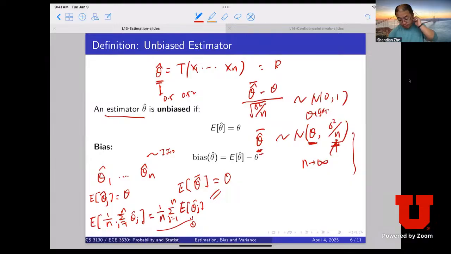If you feel uncomfortable about this analysis, that's totally fine. But have some sense of why, whenever we develop an estimator, our first goal is to seek unbiasedness, because of the asymptotic convergence guarantees.